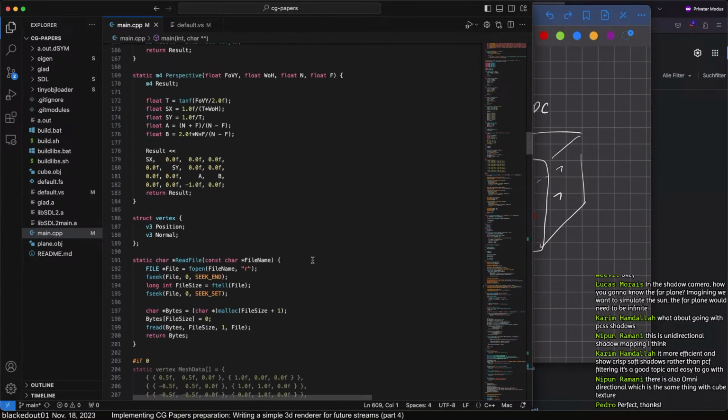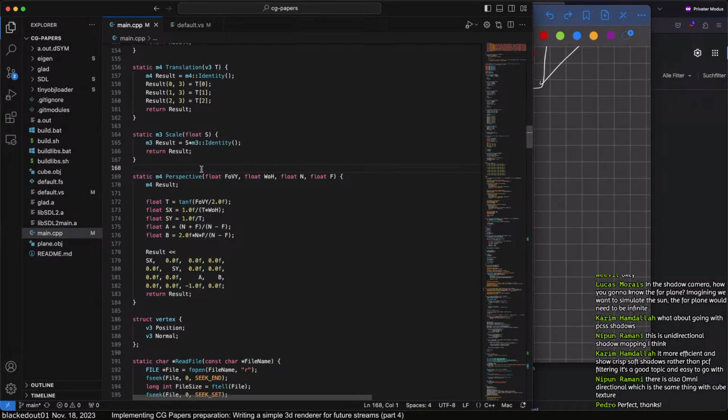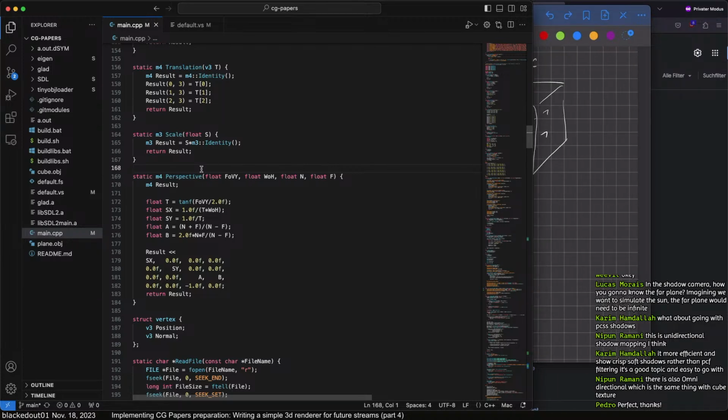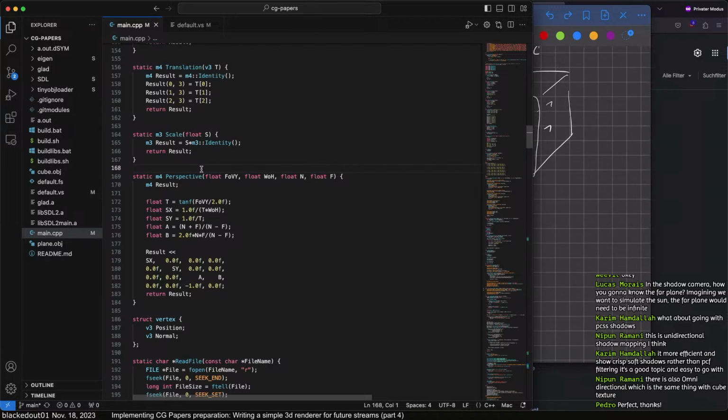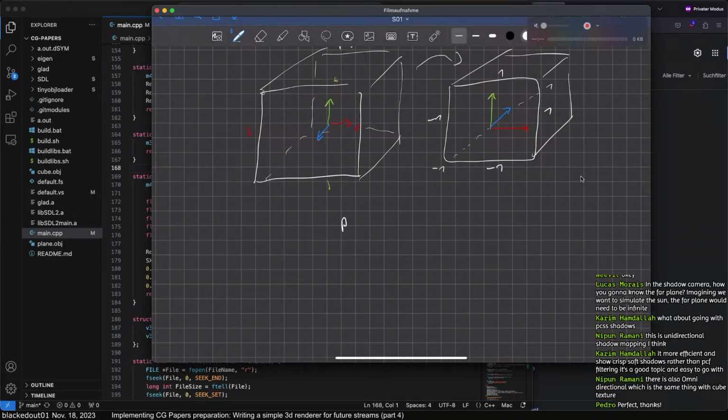Here is just a perspective projection matrix. So we need to derive this as well, but fortunately it's not as complicated as the perspective projection matrix. So for example, if we look at the x value, what we are trying to do is construct a matrix, the projection matrix, that transforms this box here into this box here.